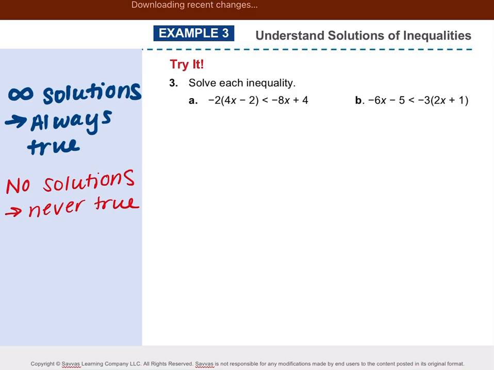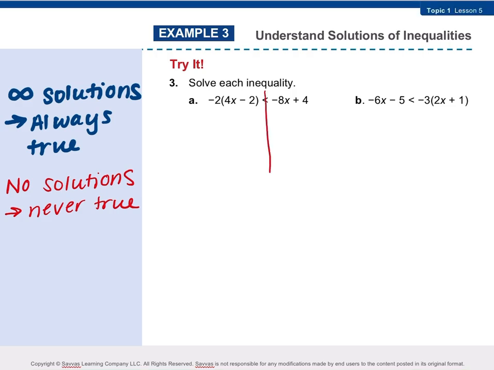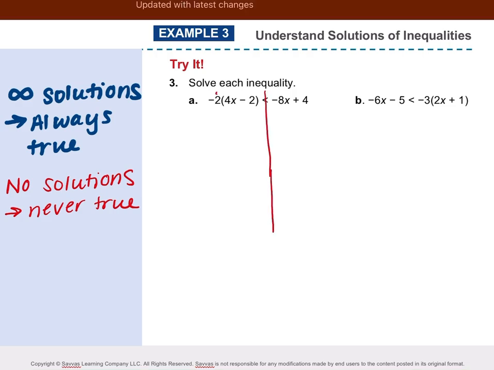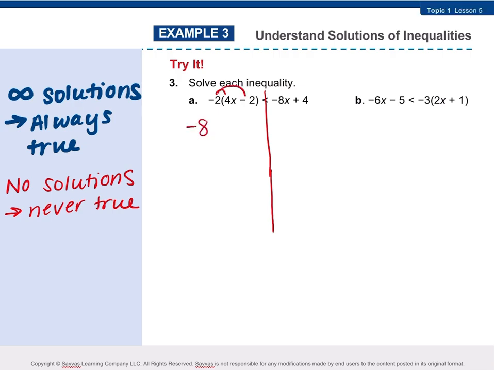And so I should have negative 8x plus 4 is less than negative 8x plus 4. And so that's an identity, right? We have the same thing on both sides. And so usually with equations, that would mean it's always true. But in this case, they're saying that the same thing is less than itself, which actually doesn't make sense in this situation, right?